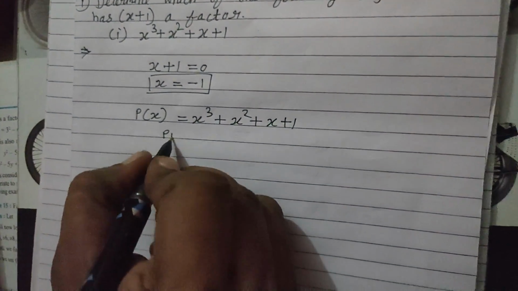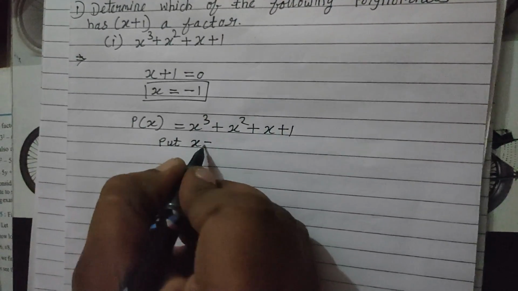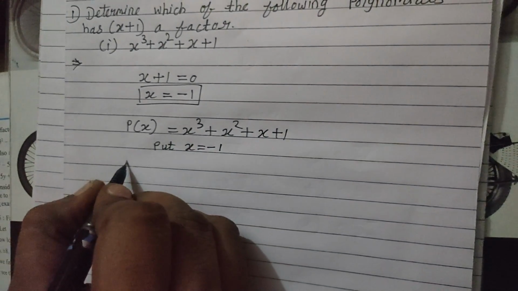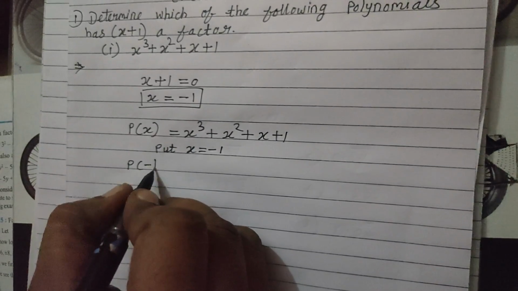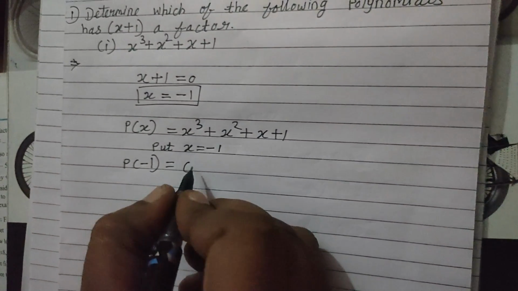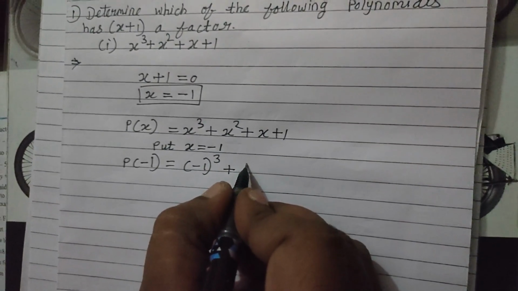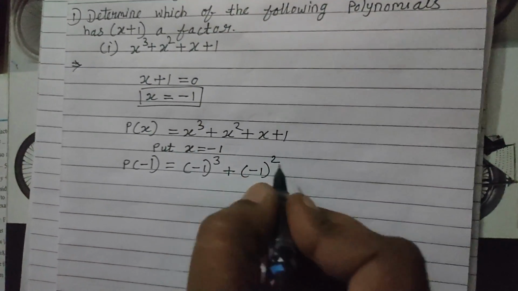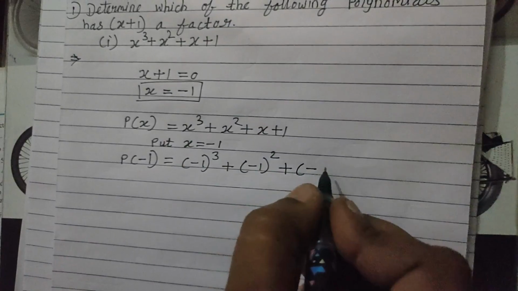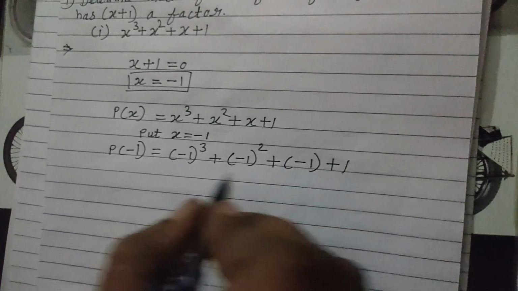Now we put x equal to minus 1. Then p of minus 1 is minus 1 cube plus minus 1 square plus minus 1 plus 1.